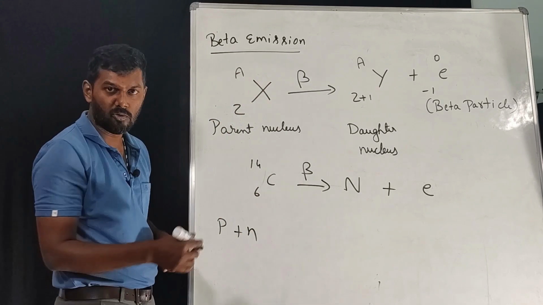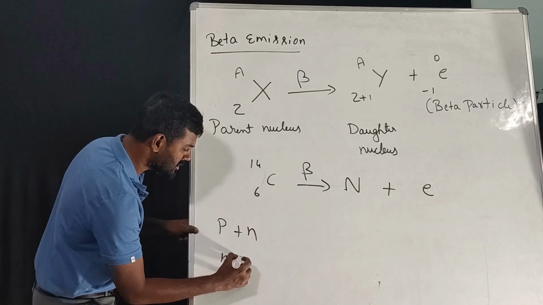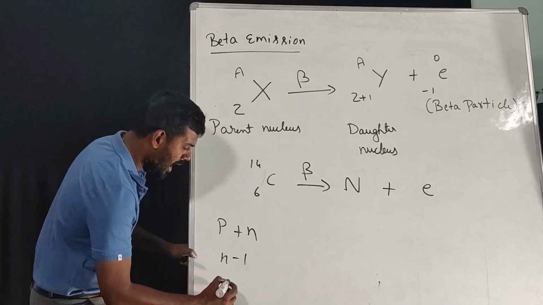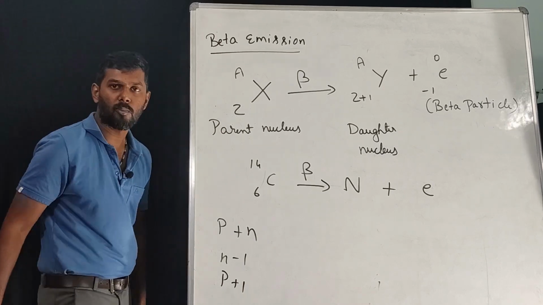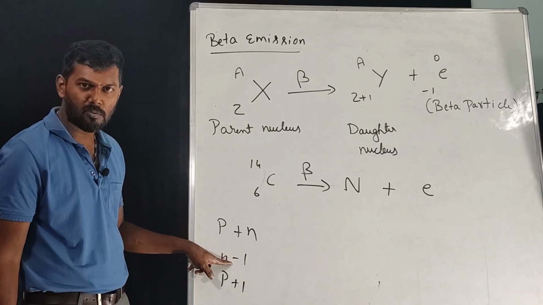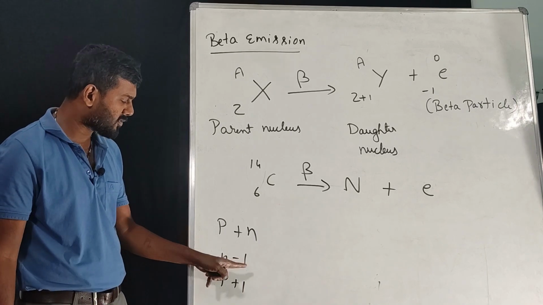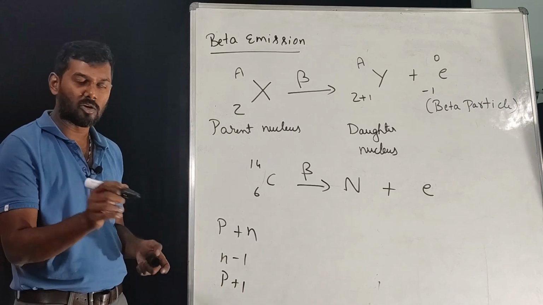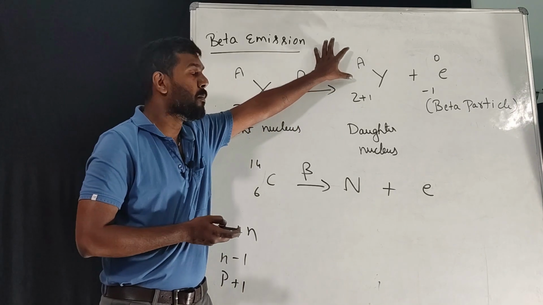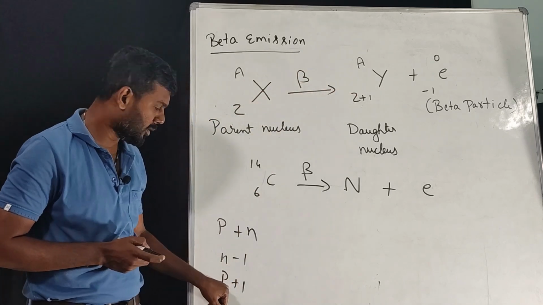So what happens during beta emission? There will be a loss of a neutron and a gain of a proton. One neutron will be lost and converted into a proton. So 1 minus 1 plus 1 results in 0. That's why there is no change in mass number, and we got one proton.